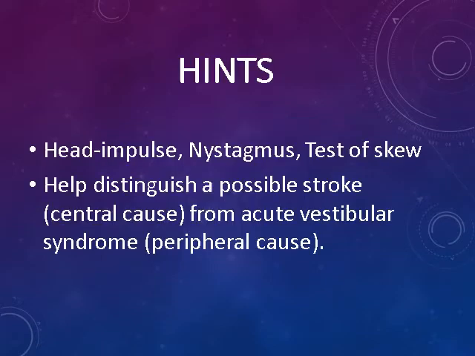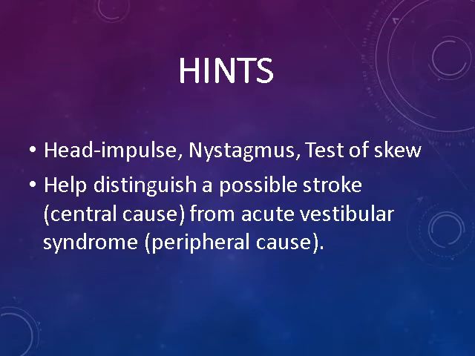Now we come to a very important point in our approach to the dizzy patient. HINTS stands for three tests: head impulse, nystagmus, and test of skew deviation. We already discussed what the head impulse is and how to do it, and how to look for nystagmus. What is the test of skew deviation?